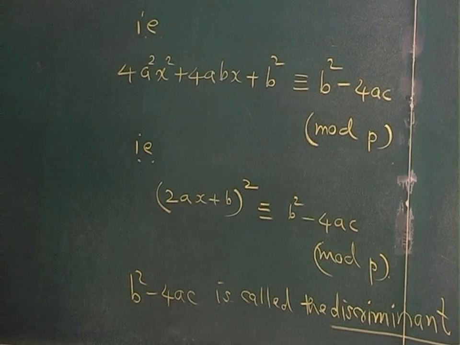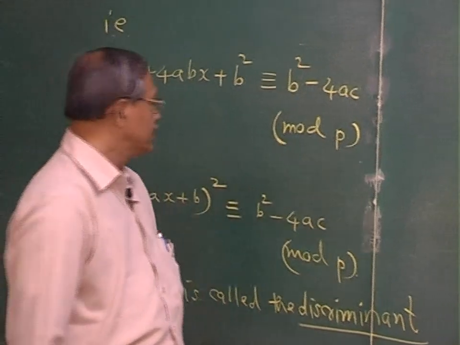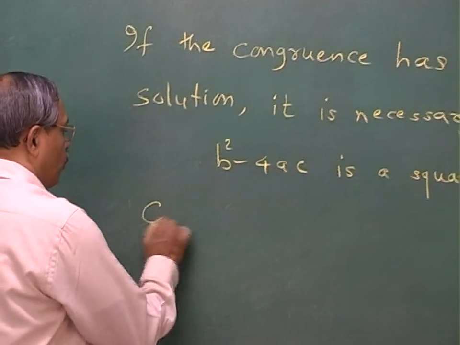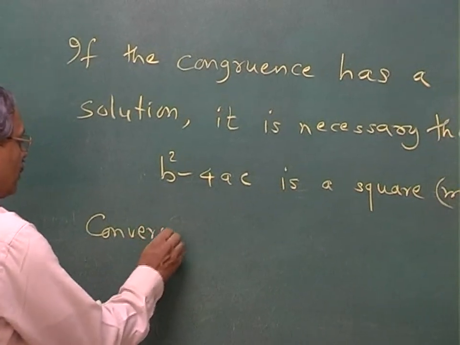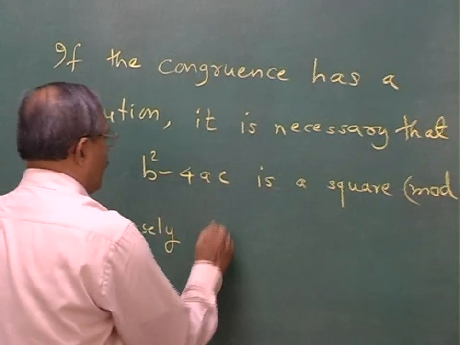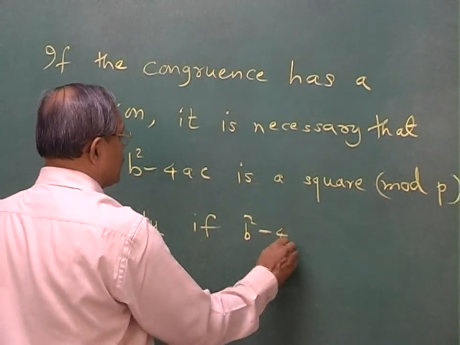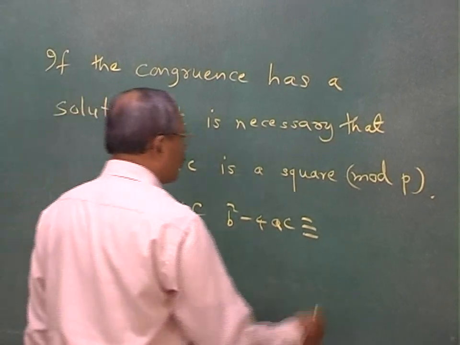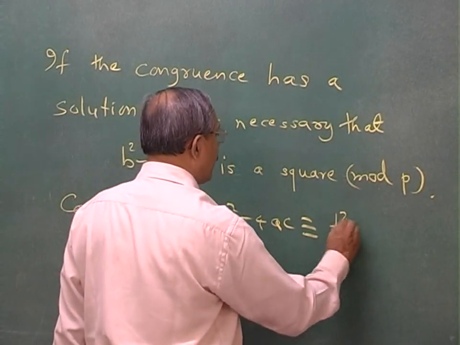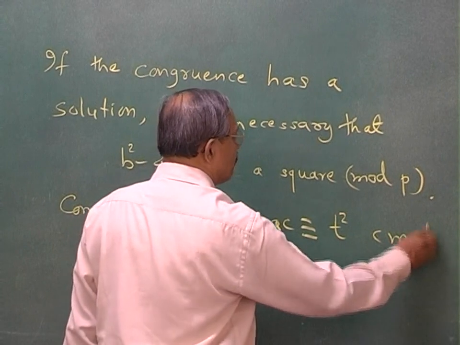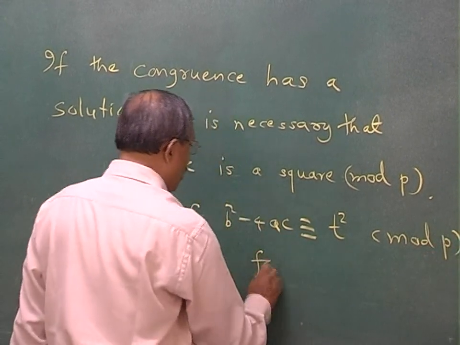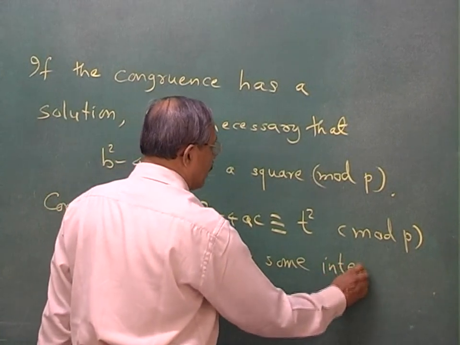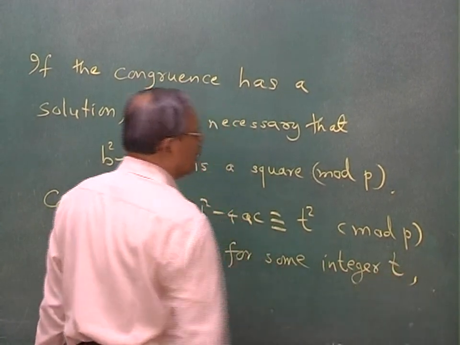Conversely, suppose b square minus 4ac is congruent to, let us say, t square mod p for some integer t.